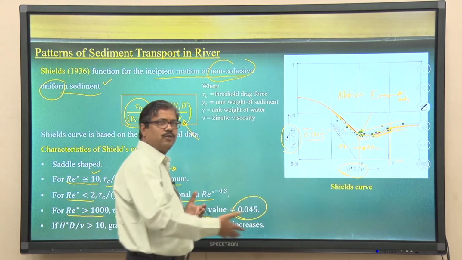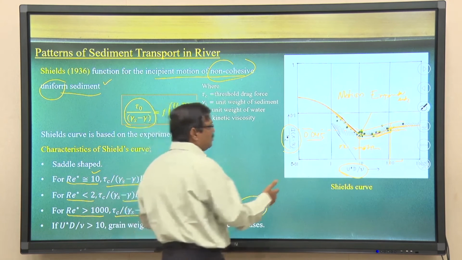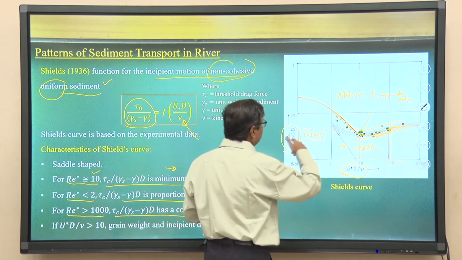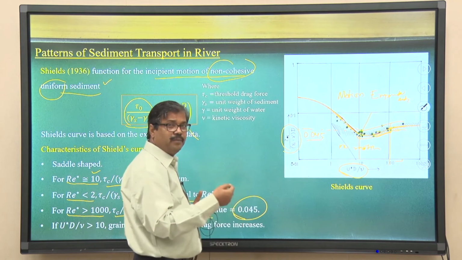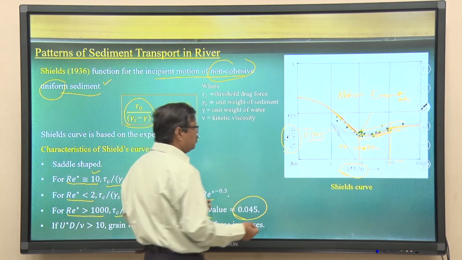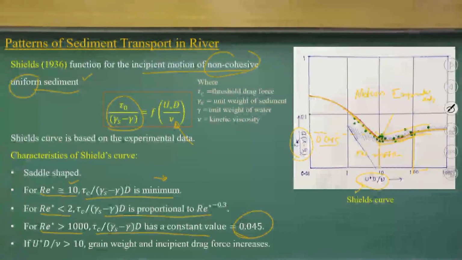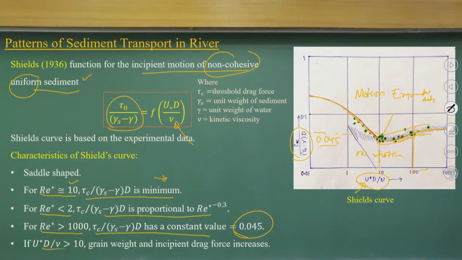As you go to the hydraulically rough zone, the shear stress necessary for a bed particle to move becomes independent of the particle Reynolds number, or the grain Reynolds number. Beyond this 10, grain weight and incipient motions increase.